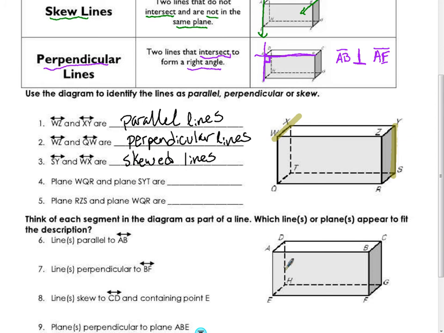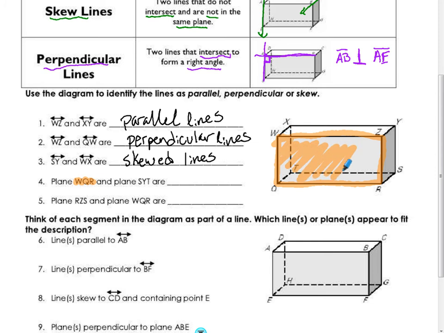Now parallel and perpendicular can also be applied to planes as well. So here we want to know what's the relationship that plane WQR has with SYT. Now this is a little tough to visualize, but we're going to use two different highlighting colors here. Plane WQR is this front plane right here, that piece that's in the front.